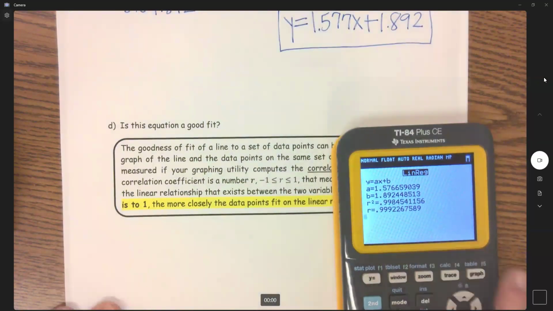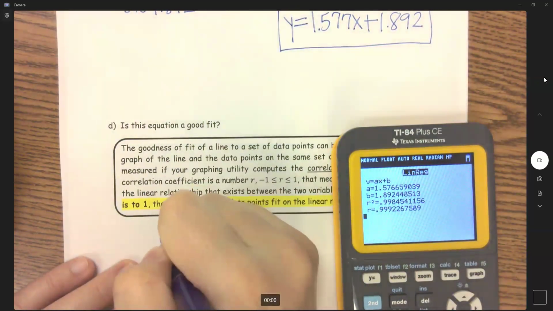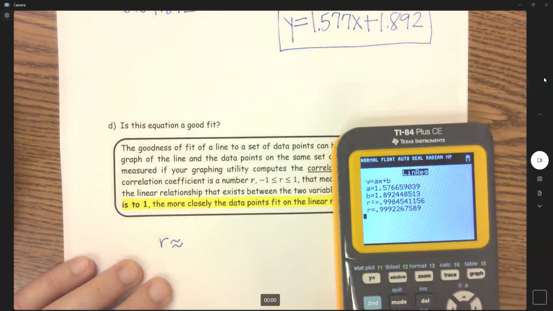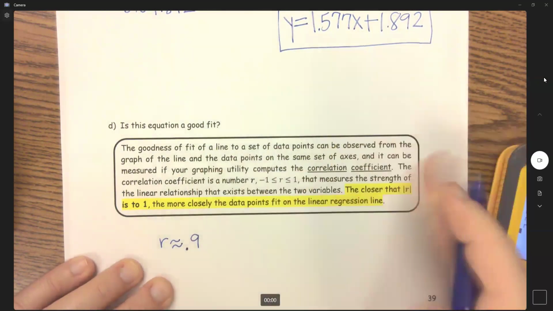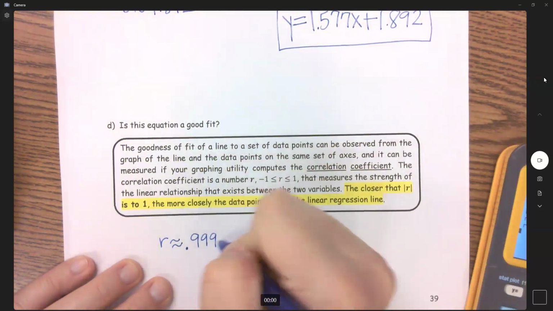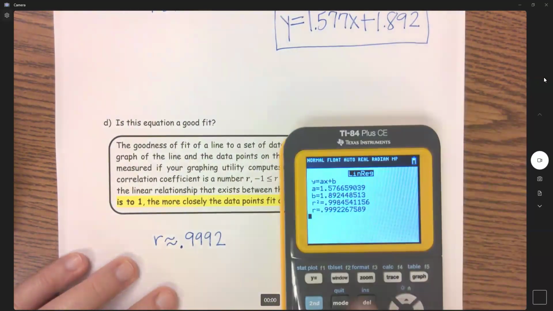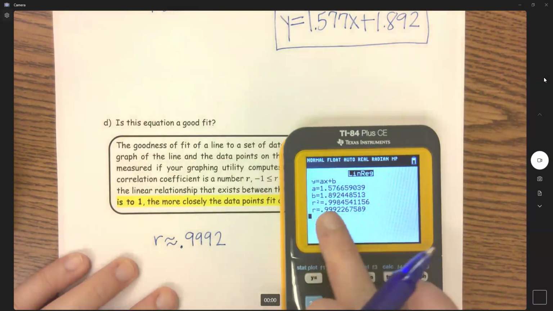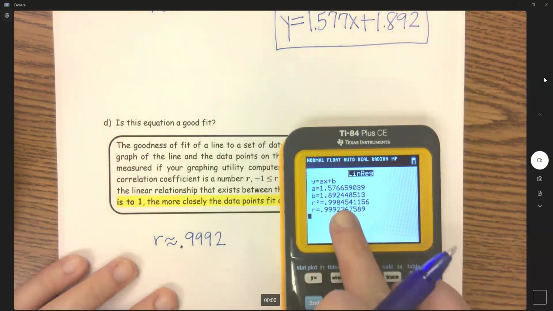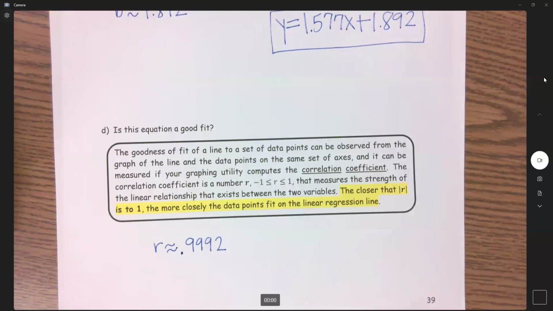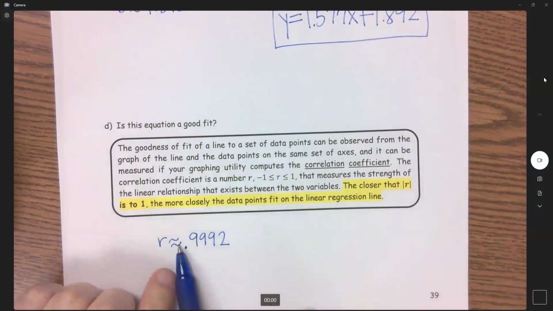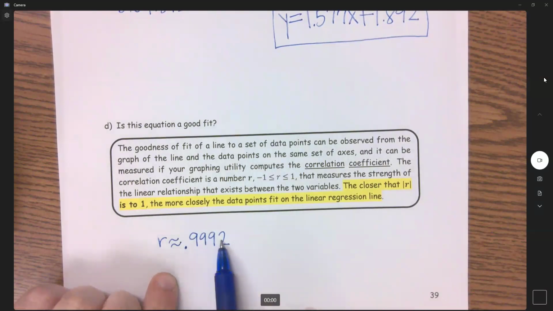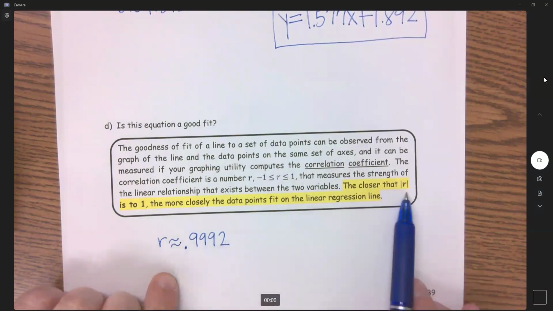So here, my R is about 0.9992. That second 2 makes that 2 stay. Because this is so close to 1, and even if this was negative 0.9992, because it's the absolute value.